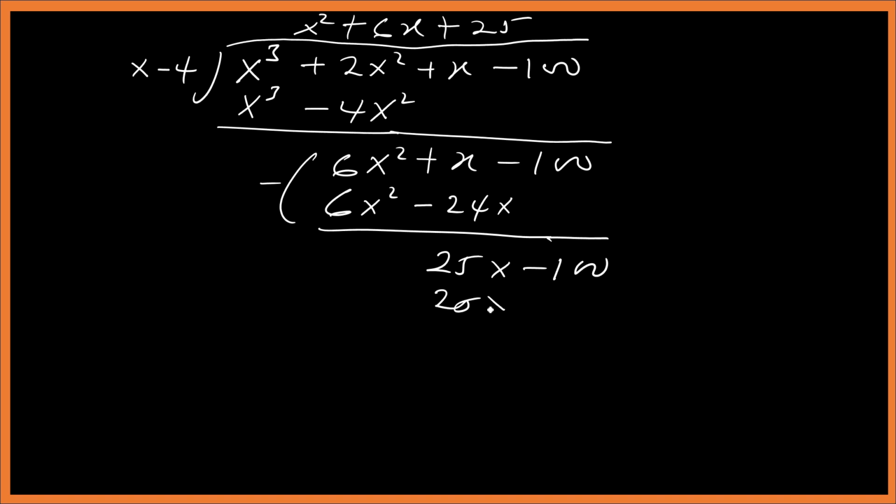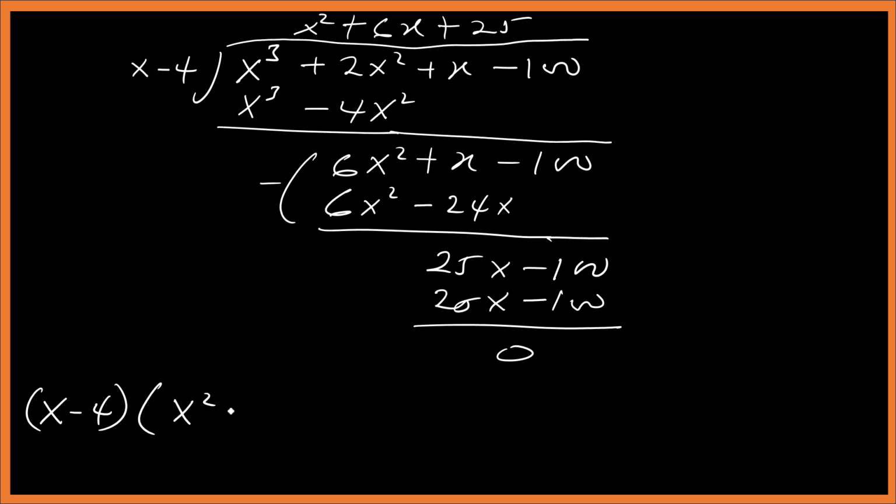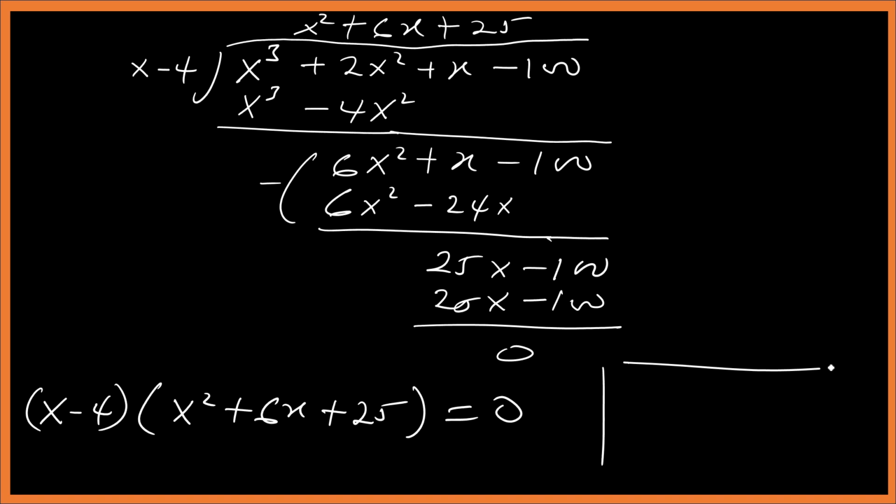So 25x minus 100. So this side will be 0. Therefore, we have the first factor x minus 4 multiplying the result x squared plus 6x plus 25 equals to 0. So the first answer is x minus 4 equal to 0. Therefore, x equals to 4.